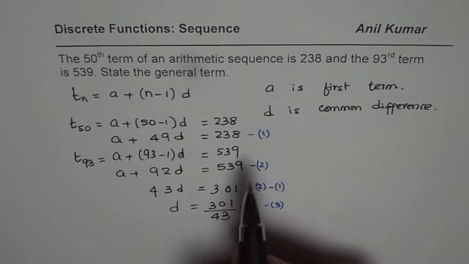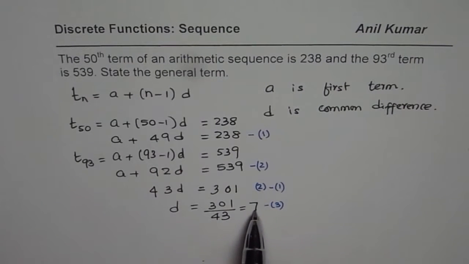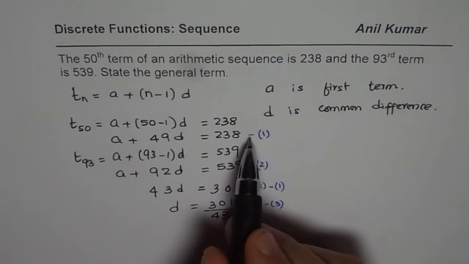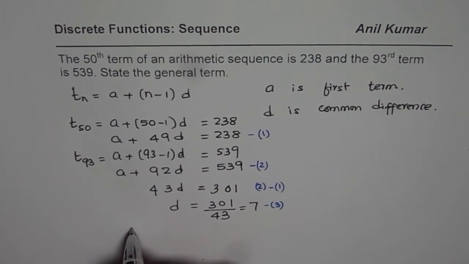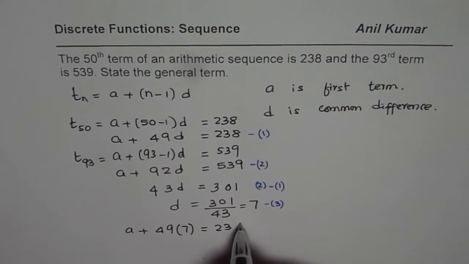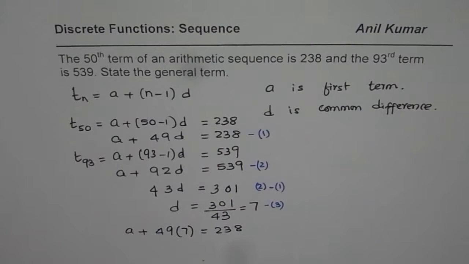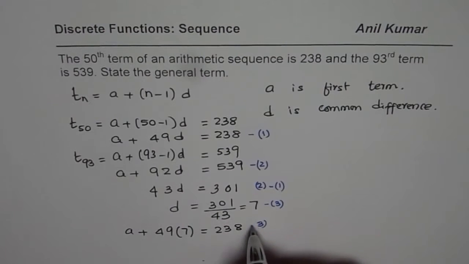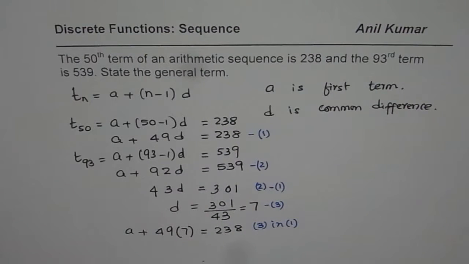So let us use equation 1. We'll substitute d as 7 in equation 1. So we have now a plus 49 times 7 is equal to 238. And now we can solve for a, right?